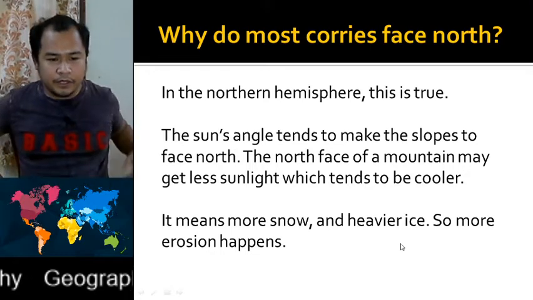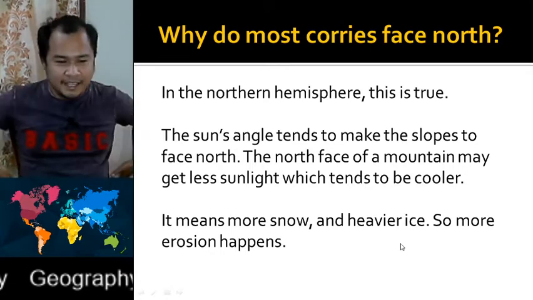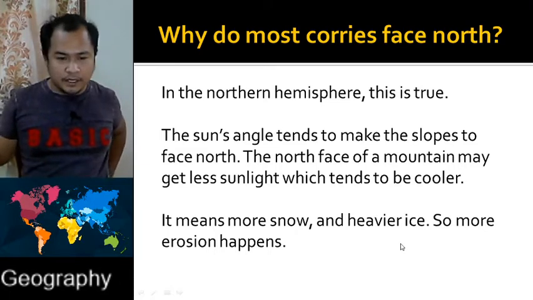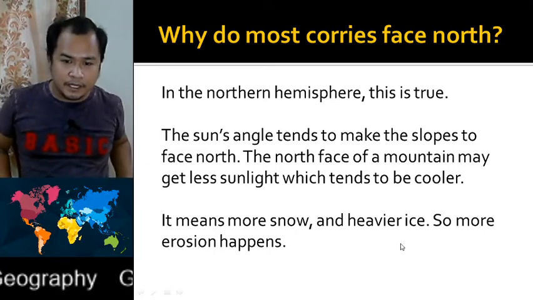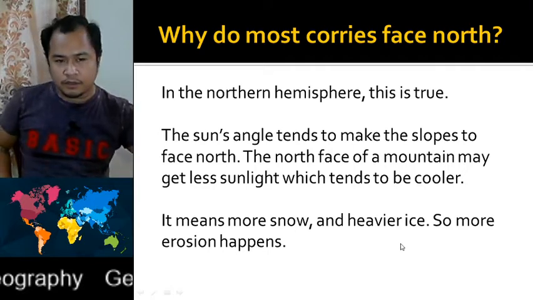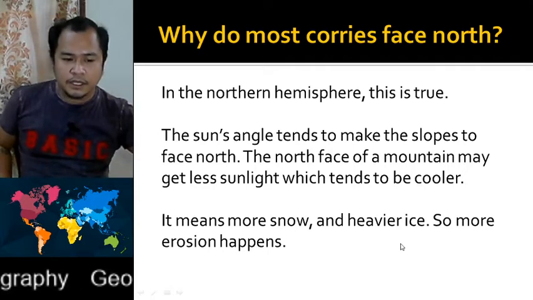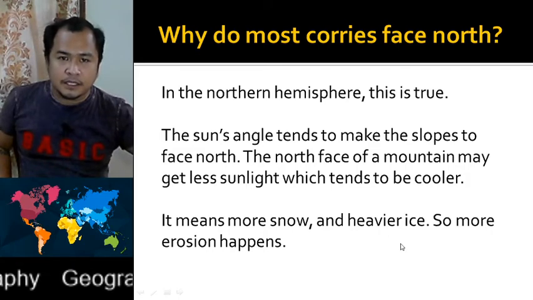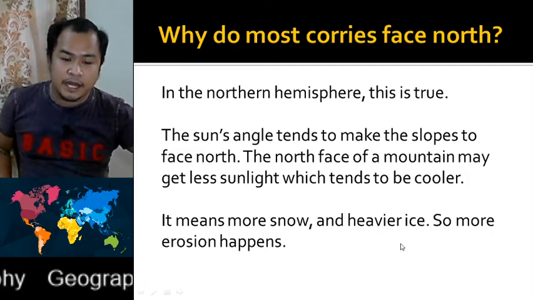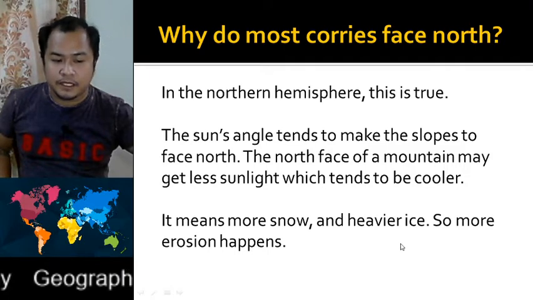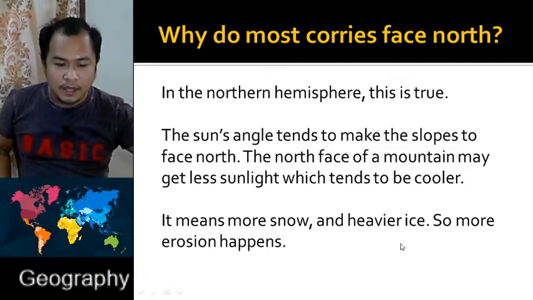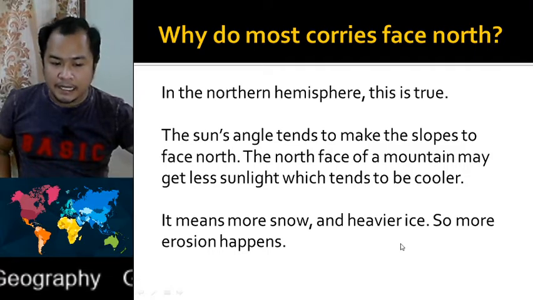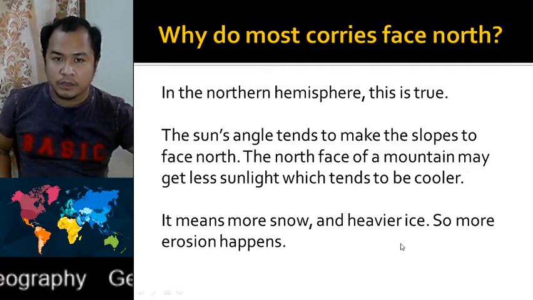The question in 1.3 is asking us why most of the quarries are facing northwards, towards the north. The reason is the angle of the sun that makes the slopes face towards the north. The north face of a mountain may get less sunlight, which tends to be cooler.